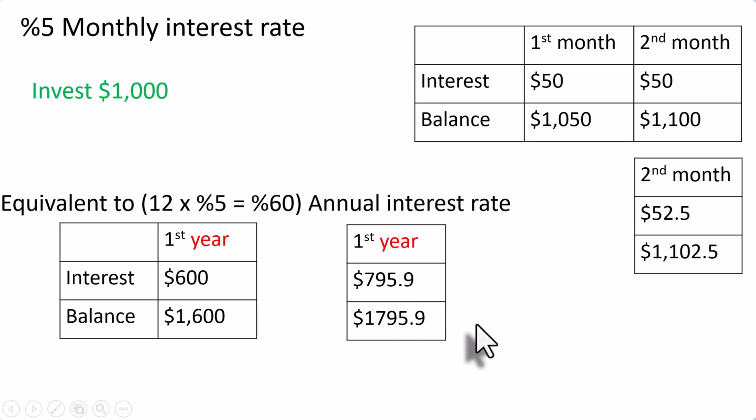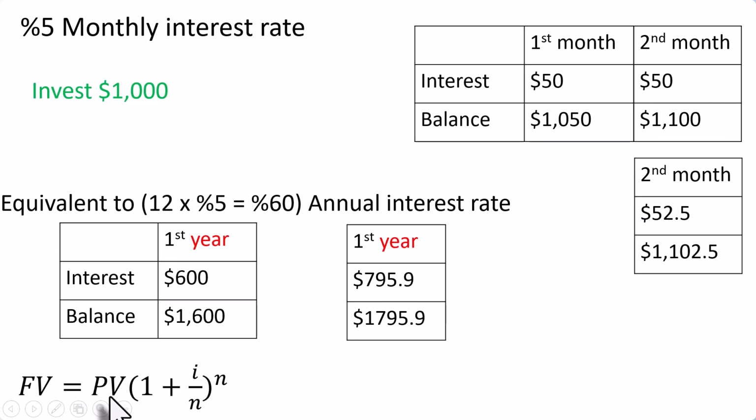Well, we do have a formula for this, which says my future value is equal to my present value multiplied by 1 plus i divided by n, to the power of n. So in this formula, my future value, which I'm after, I'm going to try to calculate this value here, 1,795.